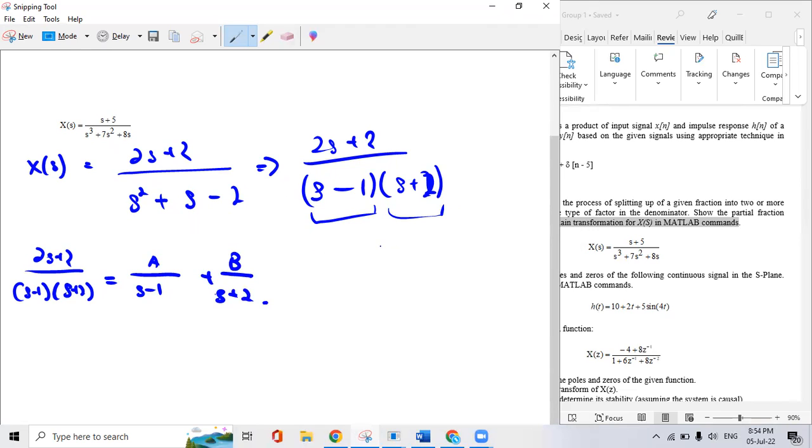So the code is [r, p, k] equal to residue(a, b), which means that we are getting the values of A, B, and the value right here.